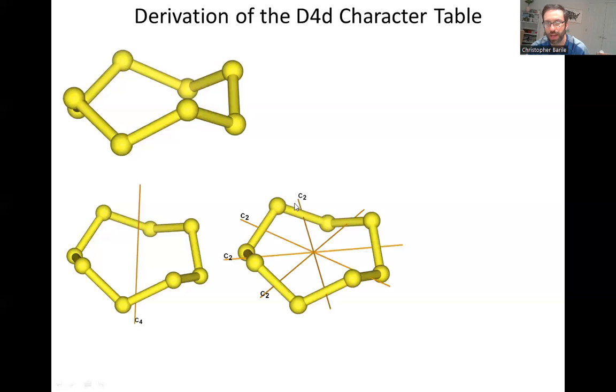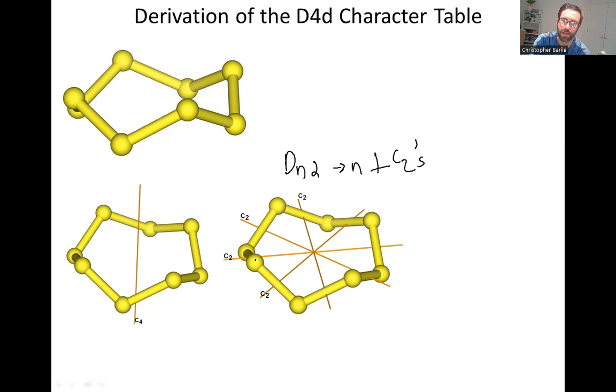And then, of course, we're going to have perpendicular C2s. Remember, in any Dn point group, or a Dnd point group, we're always going to have n perpendicular C2s. Perpendicular to the principal rotation axis. In this case, we're D4d, so n equals 4, and we're going to have 4 perpendicular C2s.